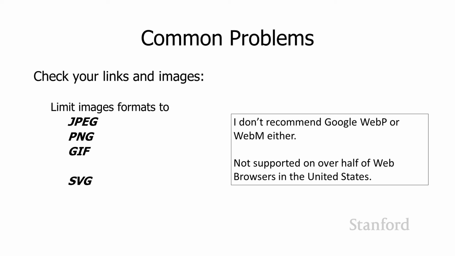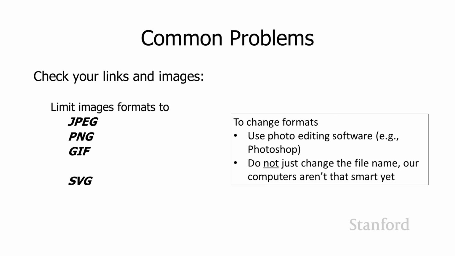So I strongly don't recommend using either of these formats. If you're using something with a format like Apple's HEIC or WebP, you are going to have to reformat your information into one of these other formats: JPEG, PNG, GIF, or potentially SVG.